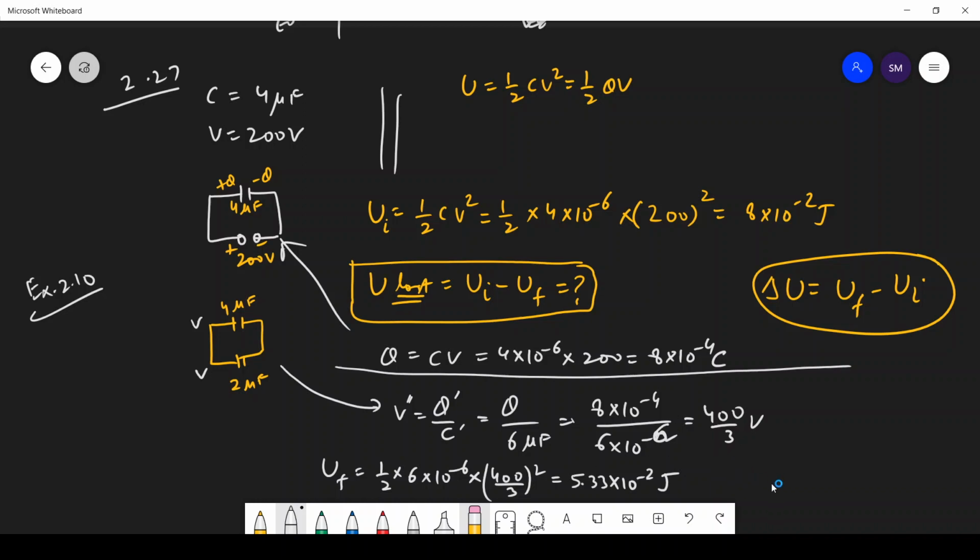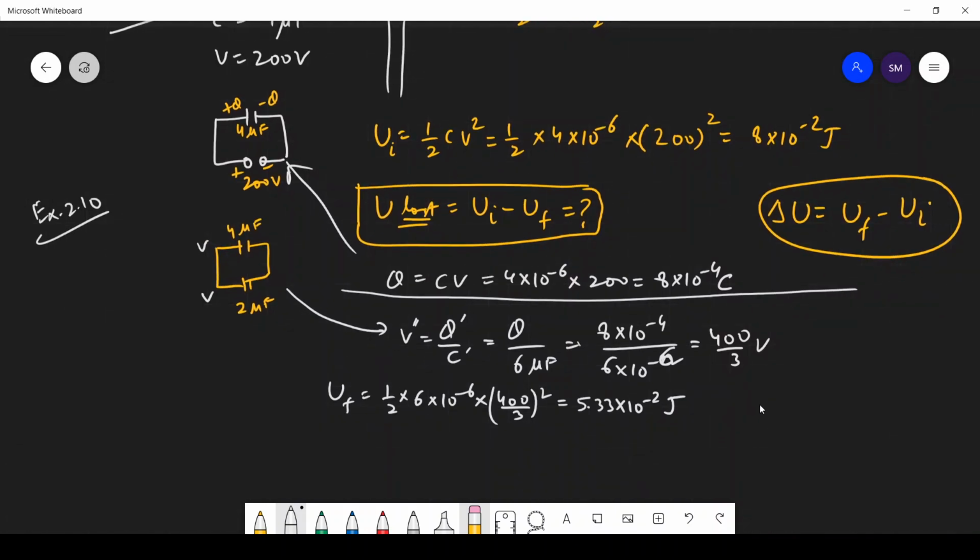So what is the energy lost? Now the potential energy lost is equals to initial minus final.